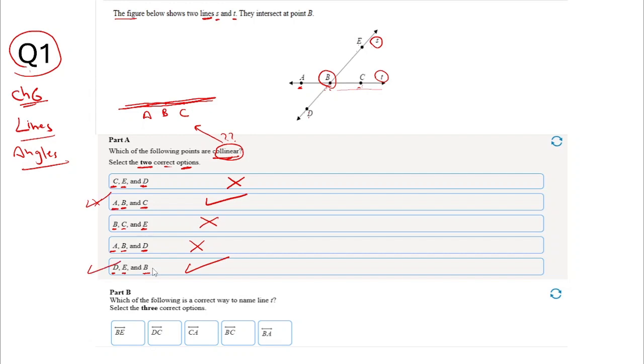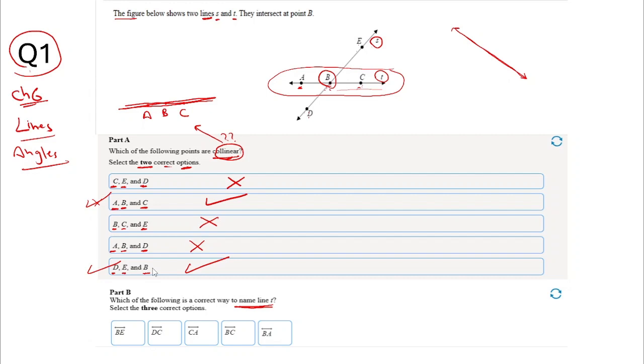Part B. Which of the following is a correct way to name line T? This is the line T. The line has no ending points, and has arrowheads like this one.